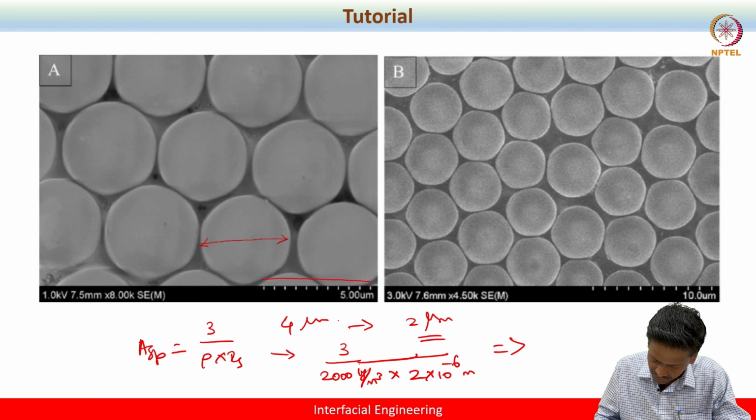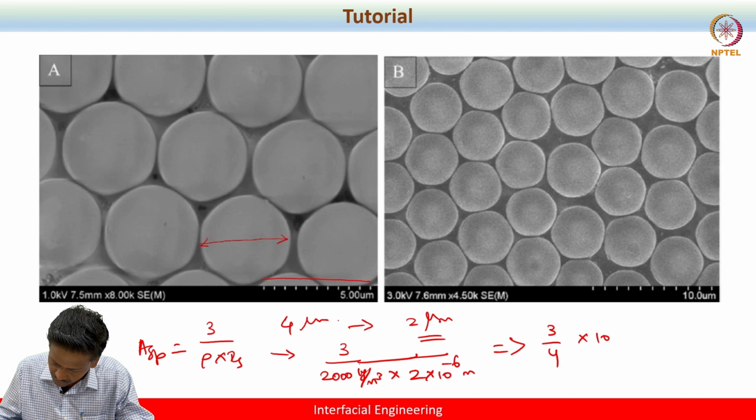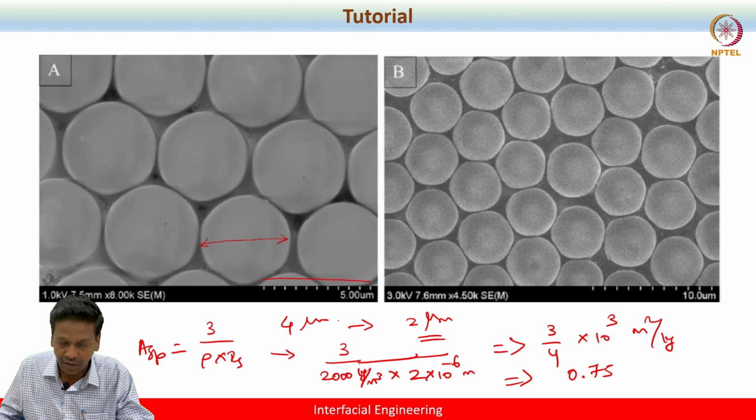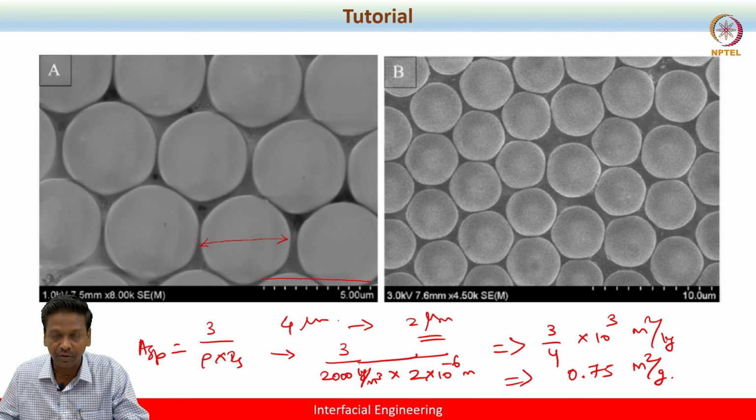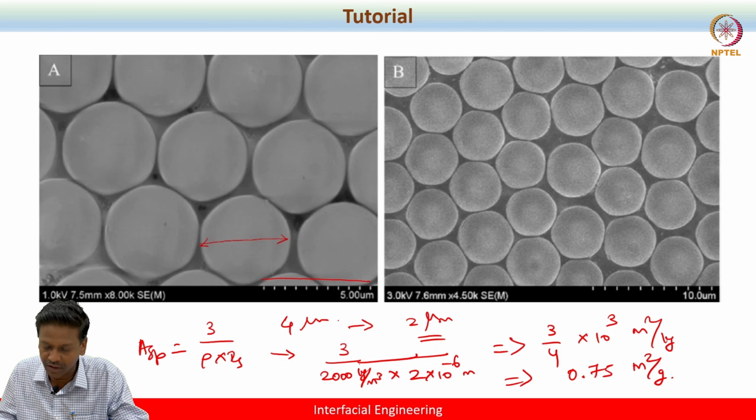If you simply calculate this, it will be 3 by 4 into 10 power 3 meter square per kg. 3 by 4 is simply 0.75. You can also say it as 0.75 into 10 power 3 meter squared per kg, or 0.75 meter square per gram.